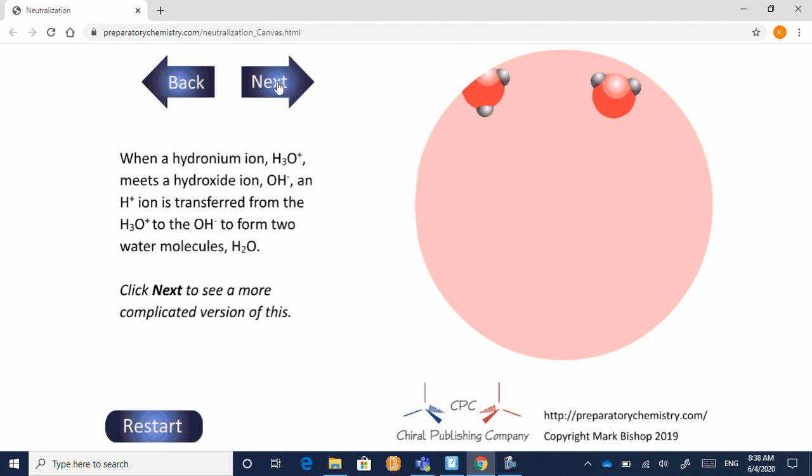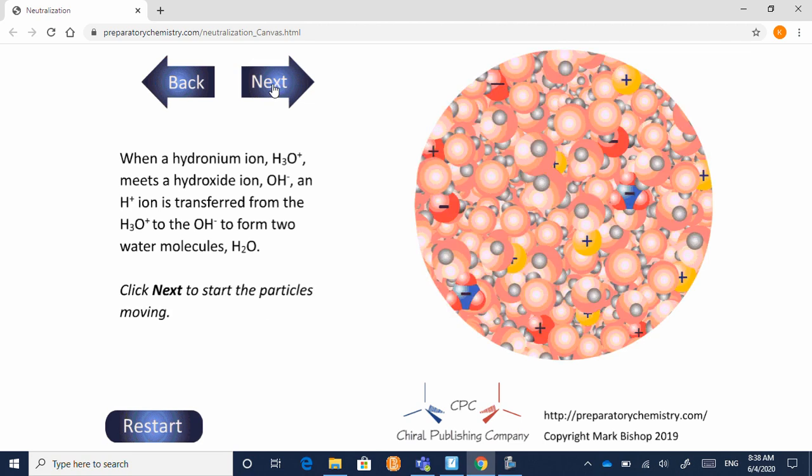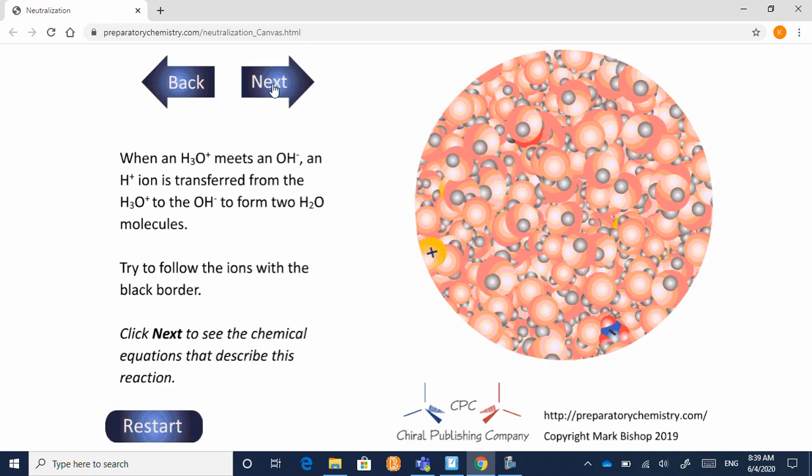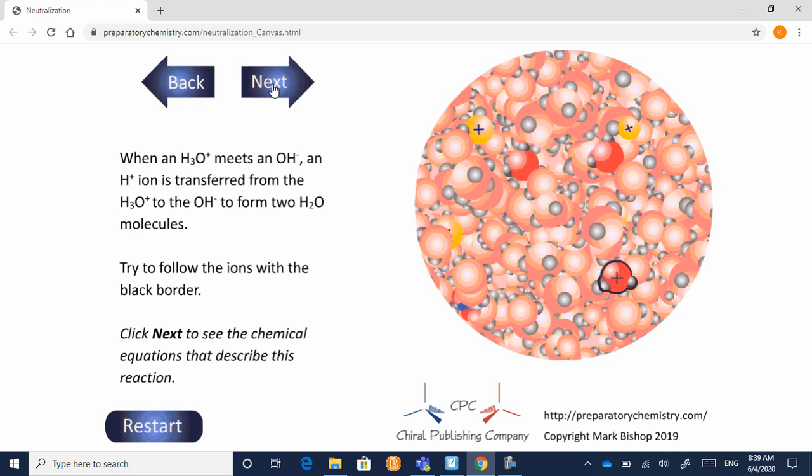And two water molecules are forming. So essentially this transfer means that you've got this reaction occurring. You've actually got a rearrangement of the atoms, and that's the definition of a chemical reaction. And so every so often you'll get a transfer occurring, and that's the reaction that's happening.